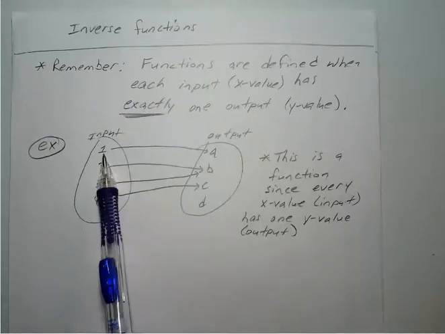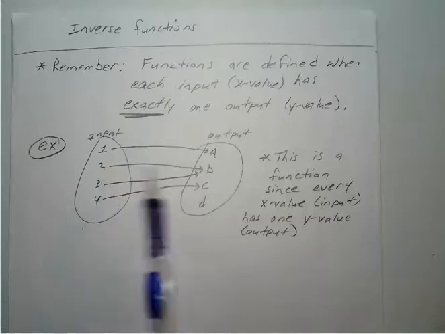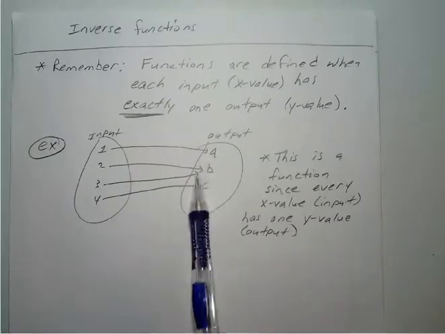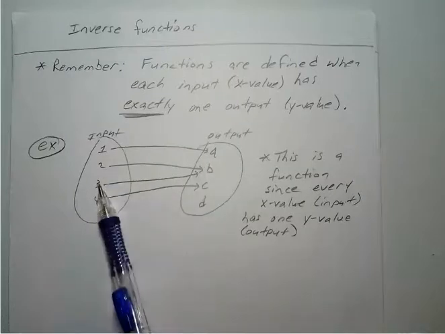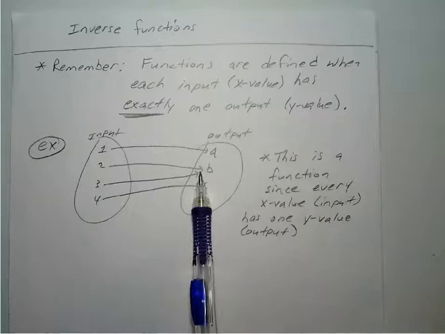You see, the input 2 has one output. The input 3, even though the output for 2 and 3 are both the same, it's still just one output for each input.